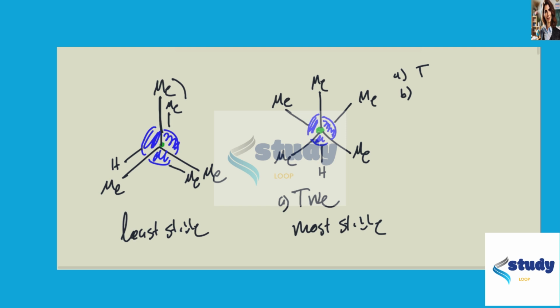Methyl eclipsing is 11 kilojoules per mole, so that's 11, and methyl hydrogen is 6, right? So I see 28 altogether. Okay, so B is also true.